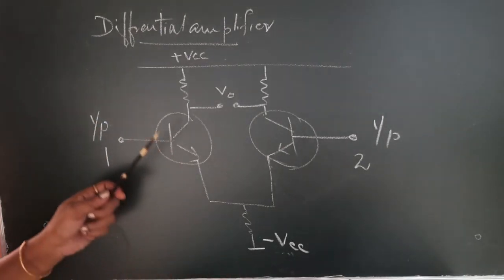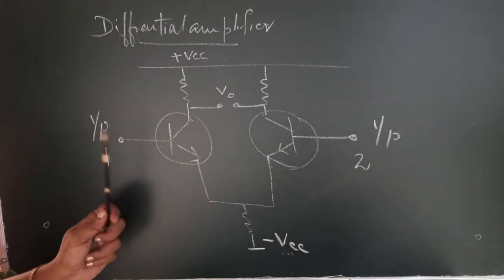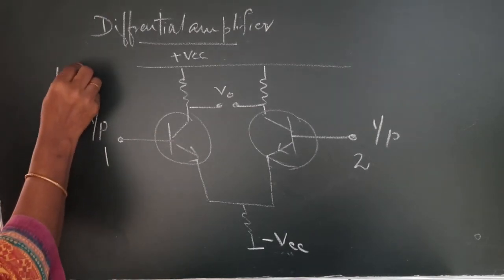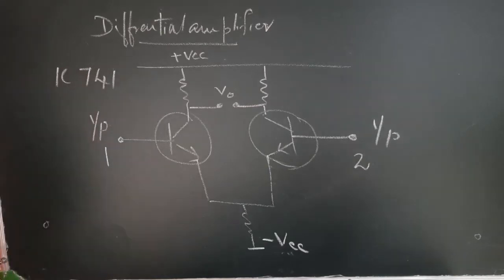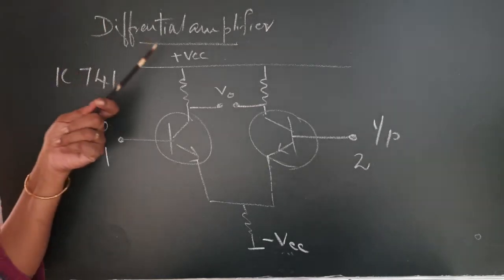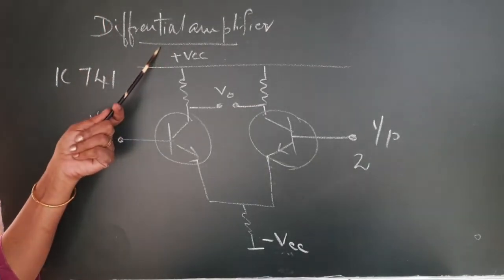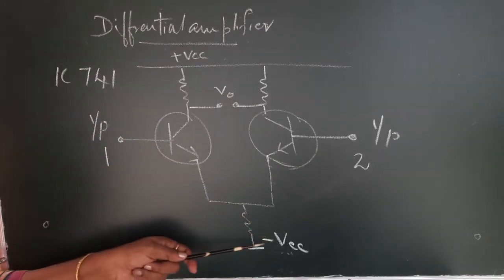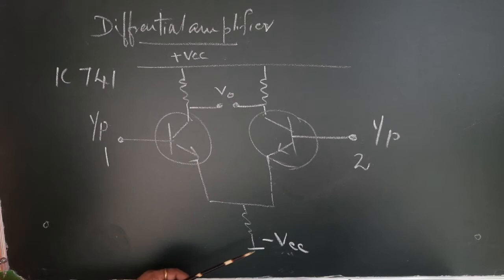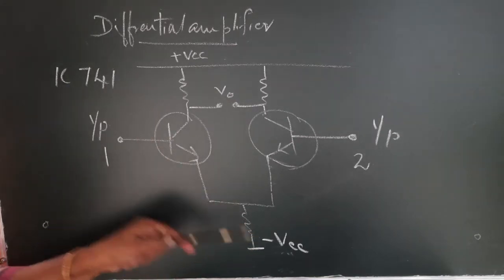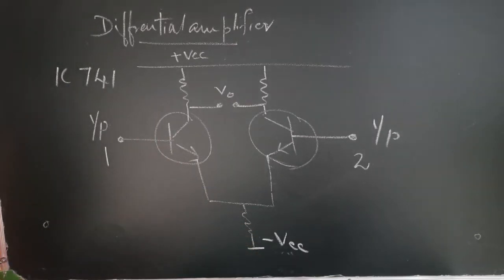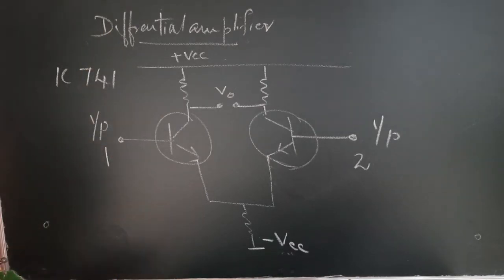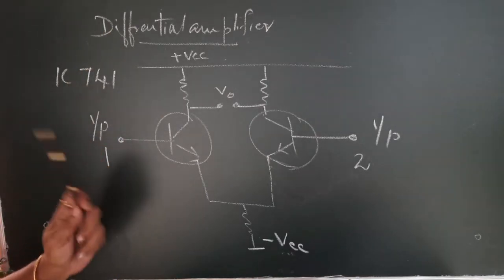Dual biasing means, if we are using an op-amp IC741, you will need a plus 15 volt plus VCC and minus 15 volt minus VCC. It is not the ground, but it is minus 15 volt. So that is the concept of dual biasing that is required for IC741.